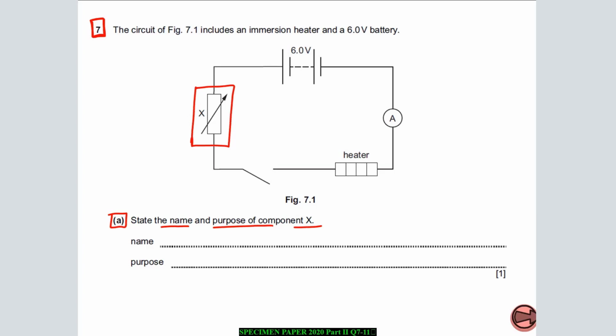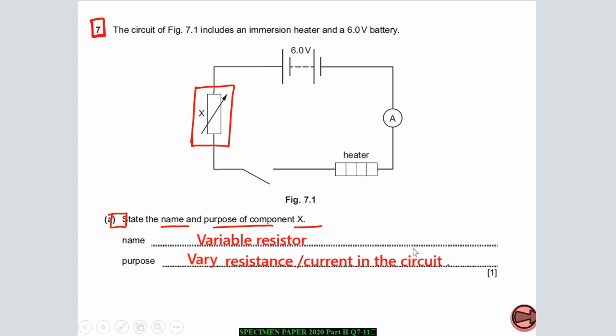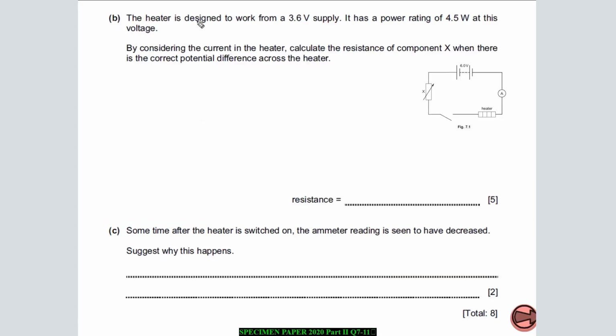That's all what we need to understand, and here is how we can write our answer. Variable resistor, it can vary or change resistance. When we change the resistance of the circuit, it means current in the circuit also changes. It is given to us that the heater is designed to work from a power supply.